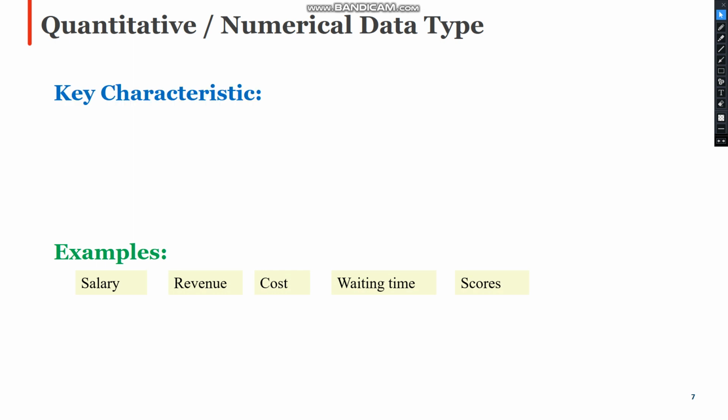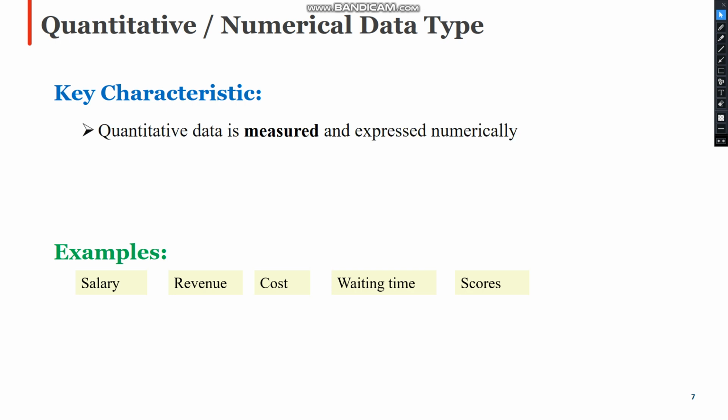Let's see a few quantitative or numerical data examples, like the salary, the revenue, the cost, the waiting time, the scores. So from those examples, we may summarize the key characteristics. Quantitative data is measured and expressed numerically.